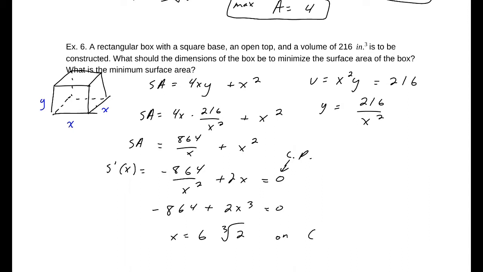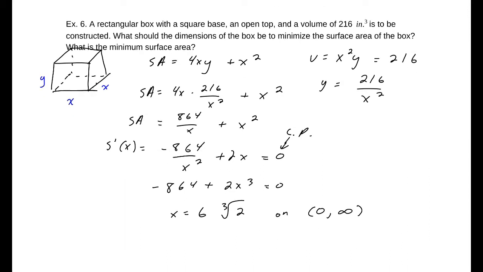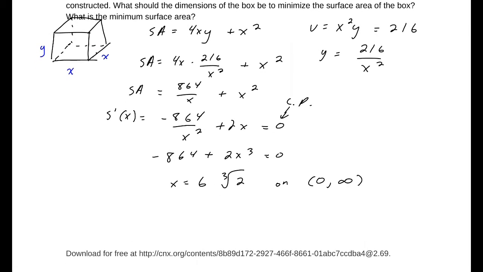Now, our value of x can range anywhere from 0 to infinity. So let's go ahead and make a sign diagram. Okay, restricting it at 0, and we've got our 6 cube root of 2, and the function is decreasing prior to 6 times cube root of 2 and increasing afterwards. So that has to be our minimum.